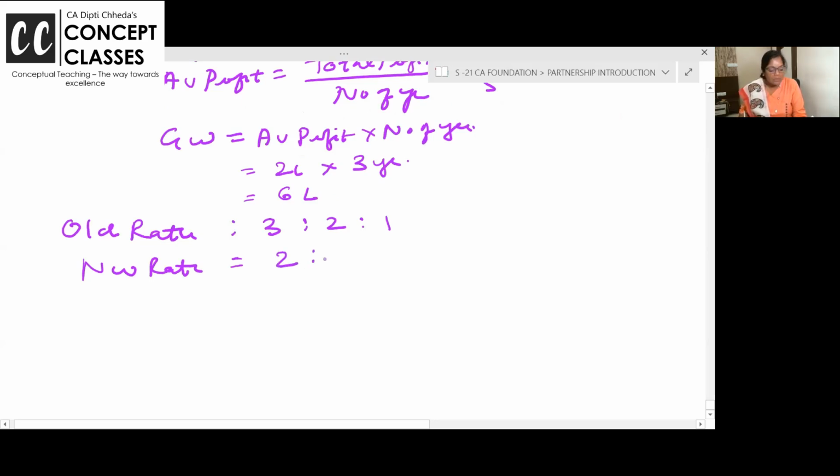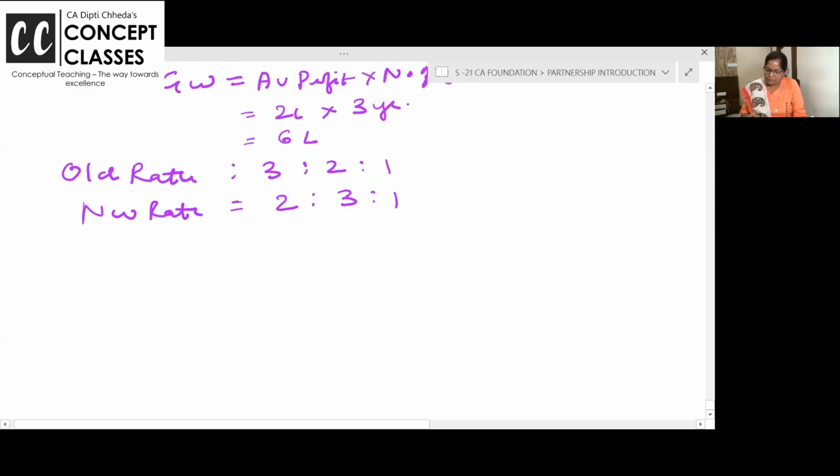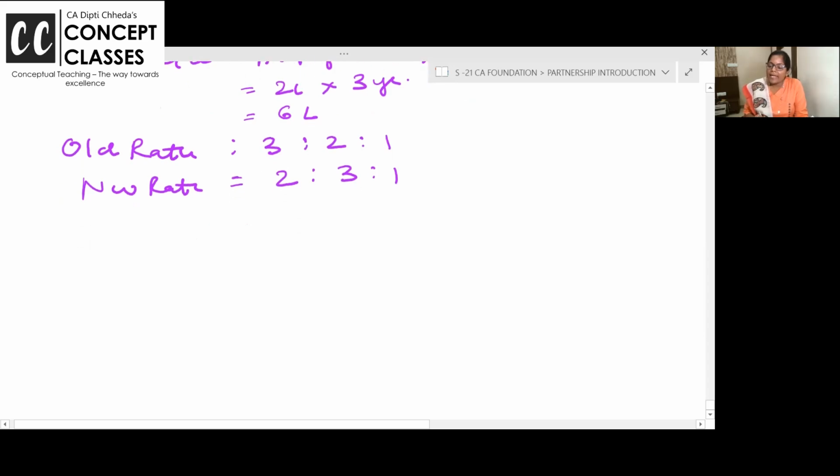2:3:1. Old ratio is 3:2:1. New ratio is 2:3:1. Now, gaining and sacrificing ratio. तीनों के लिए करेंगे.